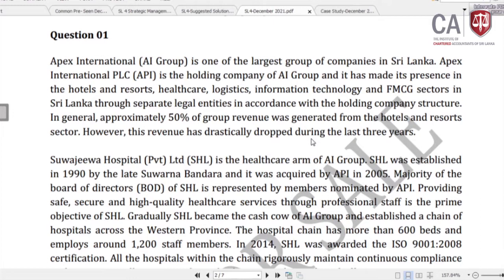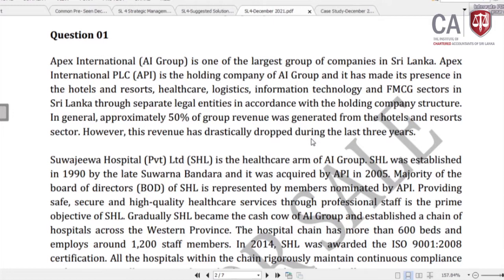This Apex is the holding company, right? It is the holding company of AI Group, and it has made its presence in, now they explain the sectors operated by AI Group, hotels and resorts is one sector, healthcare, logistics, information technology and FMCG, fast moving consumer goods.